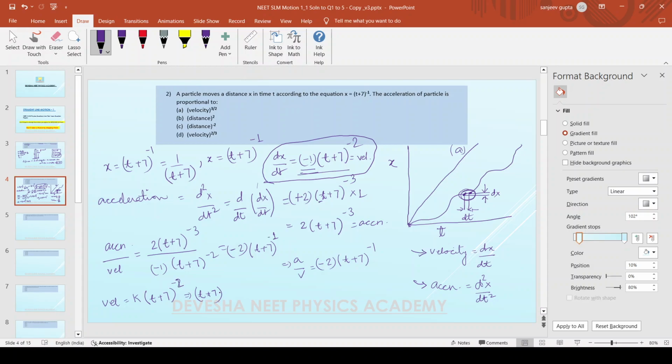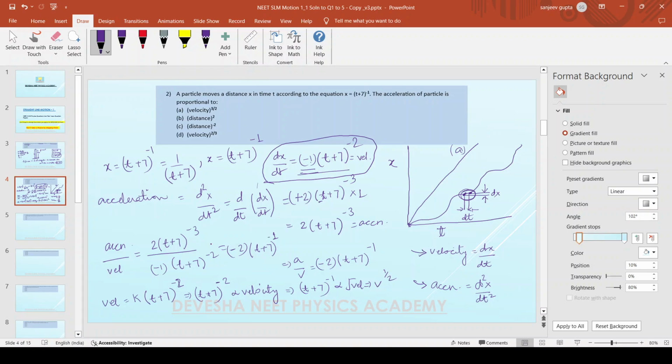So (t+7)^-2 is proportional to the velocity. Okay, so (t+7)^-1 is proportional to root of velocity. It means this is velocity to the power half.